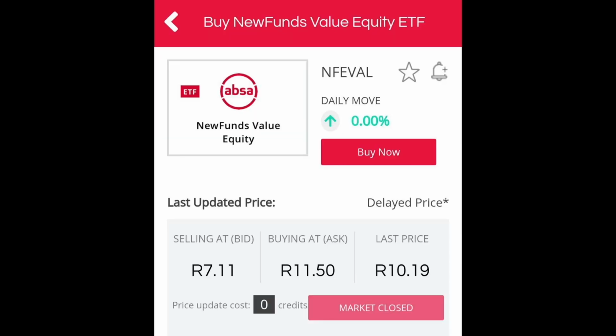And number 1, the top performing ETF in South Africa to date for 2021 is the NewFunds Value Equity ETF, which is an ETF which was set up by ABSA in collaboration with Wits University. They look at and track companies based on their PE ratio.